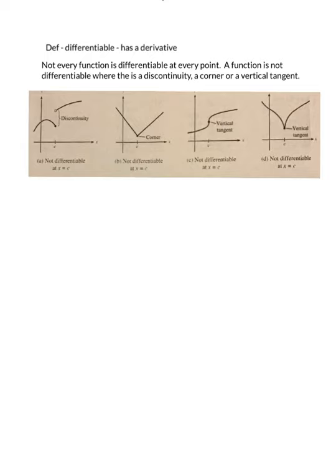In the figure that I have given you here, I have shown you what the various things look like. Discontinuity, we've already talked about being continuous or not. Anytime a function is not continuous, you cannot do a derivative at that point. A corner means that you have lines coming in and creating a sharp point. When you have that, there is not a derivative at that corner.